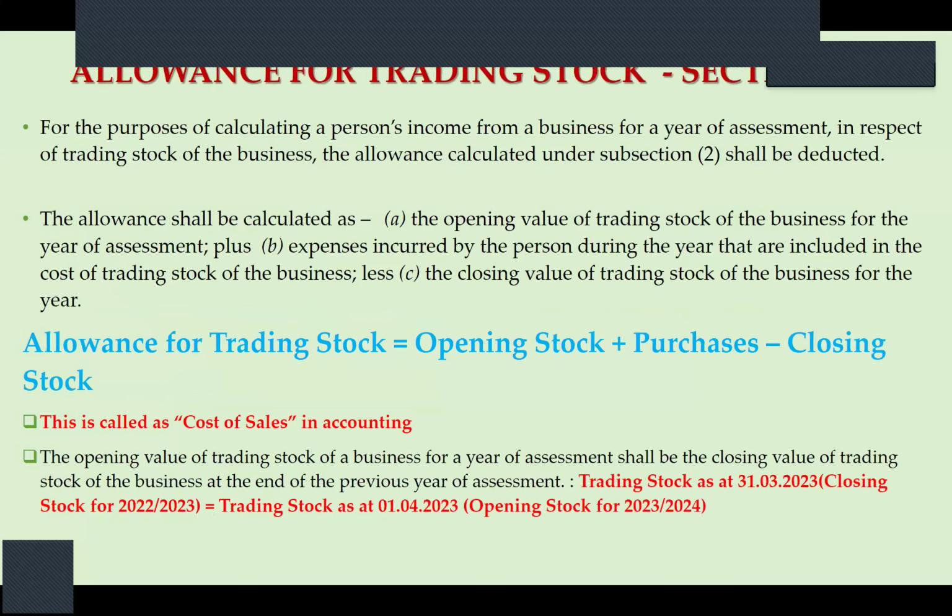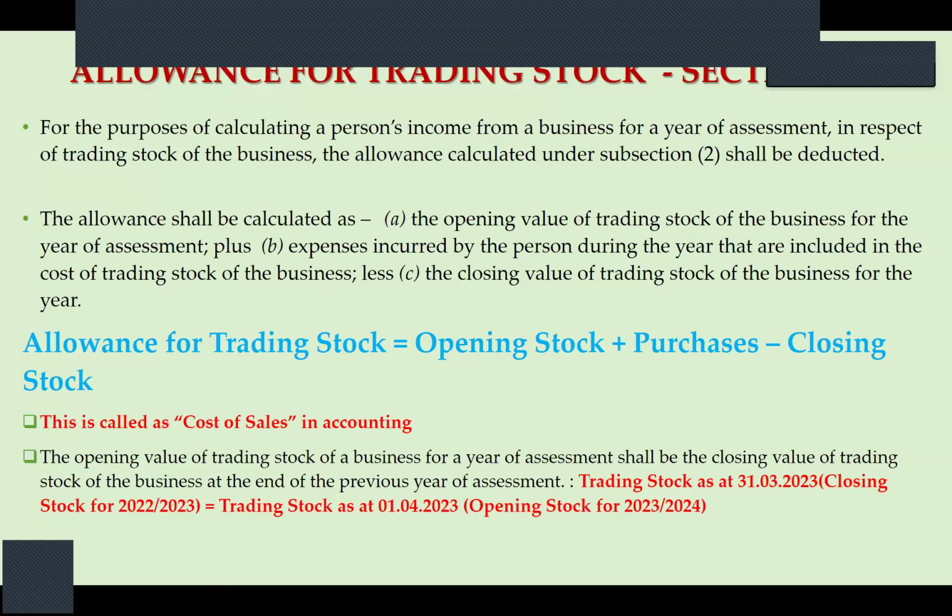So why do we give a deduction for the trading stock? There is a specific reason. What is that reason? I think you can remember when we were identifying items that should be included for the business income under subsection 2. The first one is service fee. The second one is consideration received in respect of a trading stock.